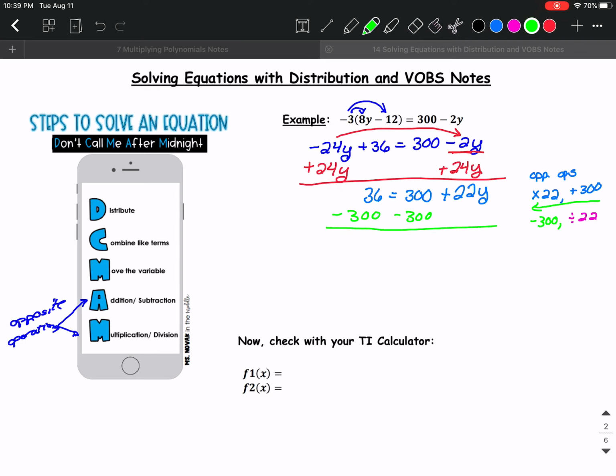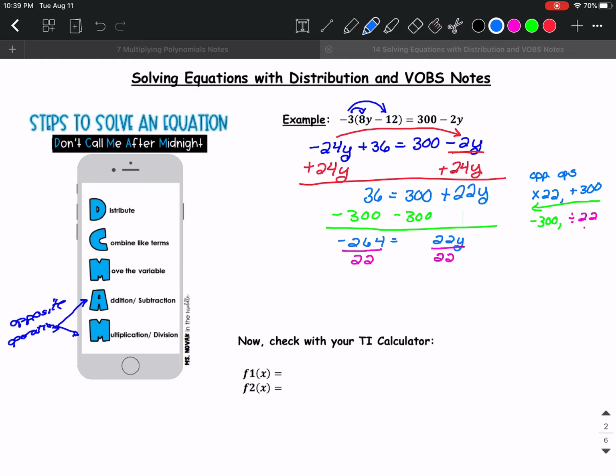What is 36 minus 300? That's negative 264, and that'll leave me with 22y on the right-hand side. Now, my next step was to divide by 22, right? Because that's what's attached to the y now. So we undo that.